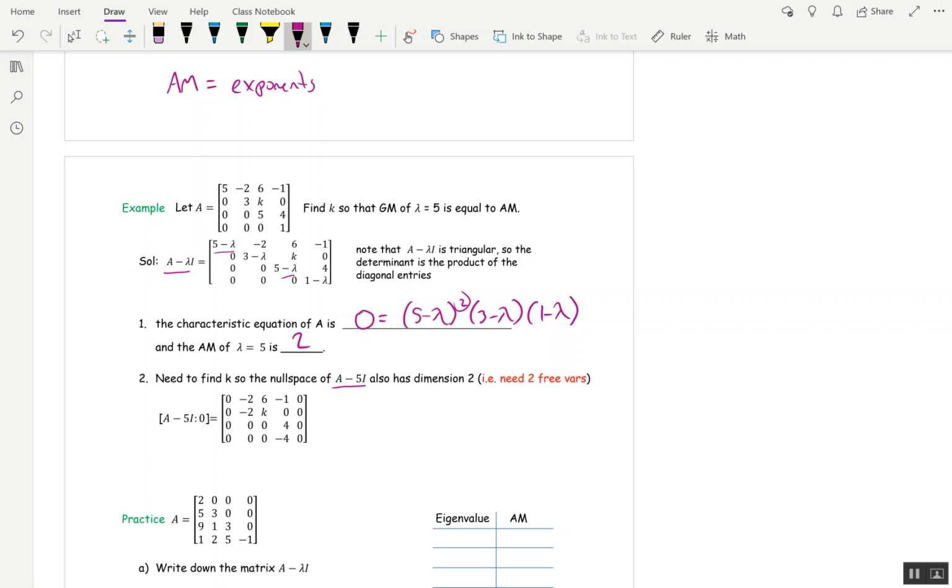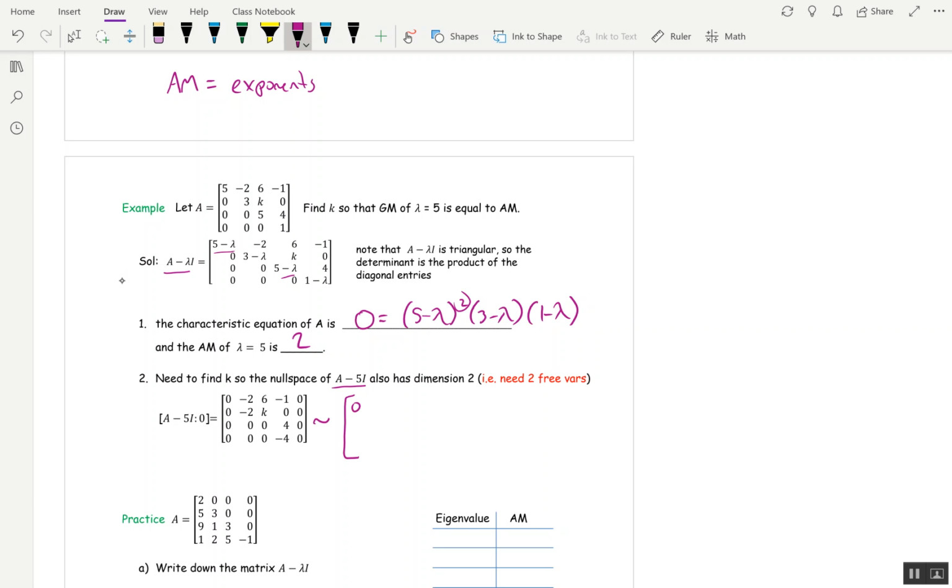So we're looking to count free variables because each free variable will add a dimension to the null space. So what I do is I take A minus 5I, augment it with 0, and I want to reduce that matrix enough to look for free variables versus leading variables. So I don't have to go all the way to reduced echelon.